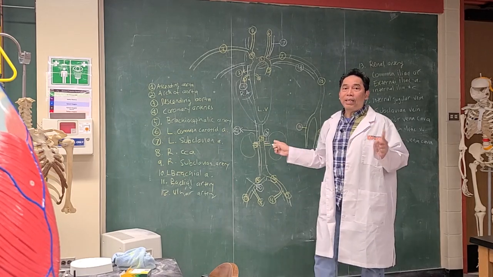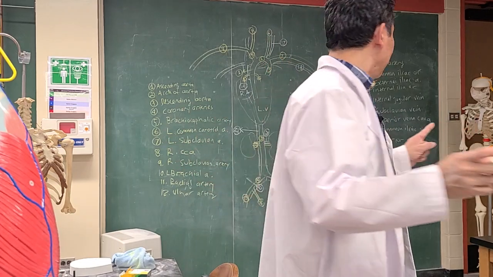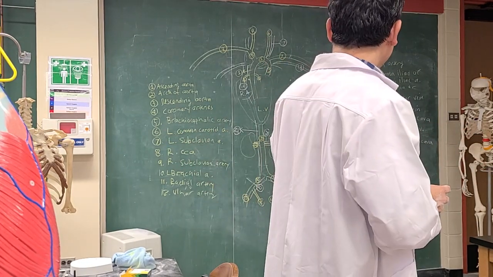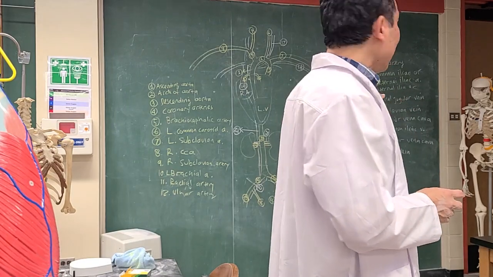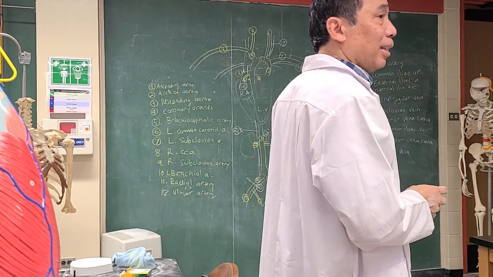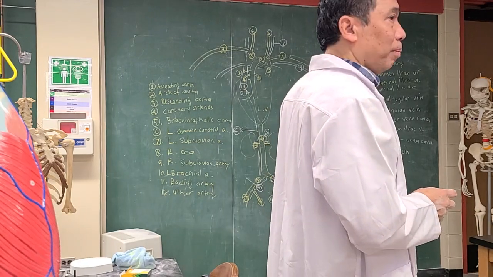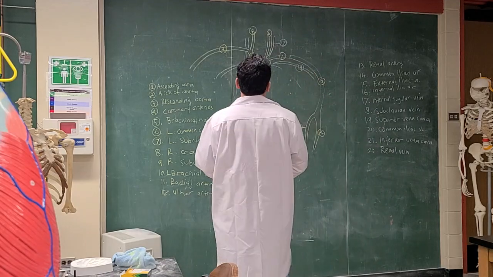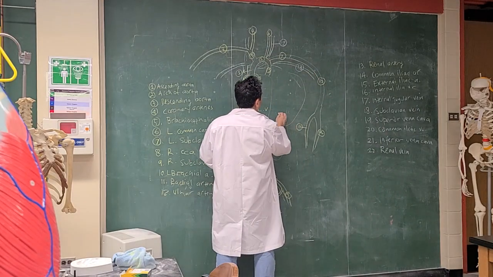Okay, at least these are the general veins and arteries in the systemic circulation. So the color for the arteries will be red. The color for the veins will be blue. Now, if we talk about the pulmonary, we're going to have lungs over here.